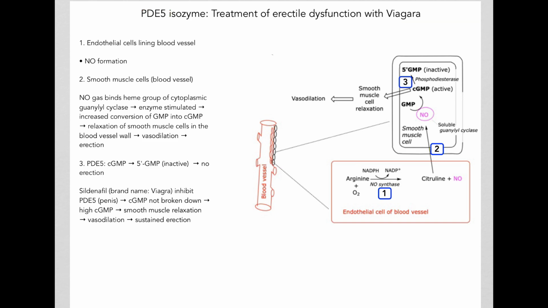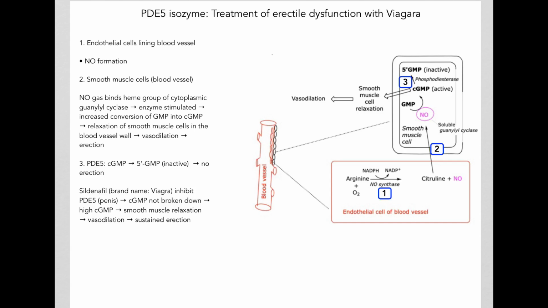So in the blood vessels, in the endothelial cells that are lining the blood vessels in the penis, we see nitric oxide formation by the enzyme nitric oxide synthase. So nitric oxide is formed in these endothelial cells of the blood vessels in the penis.